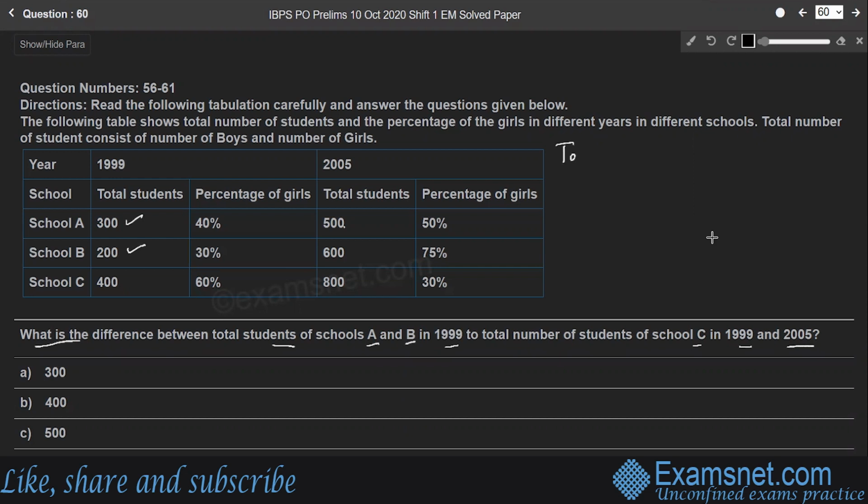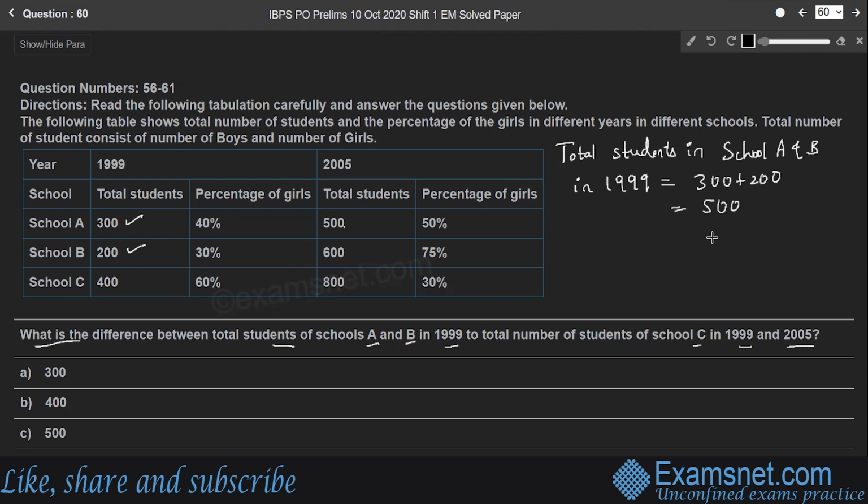Therefore, total students in school A and B, only in the year 1999, there are 300 plus 200 students in school A and B.